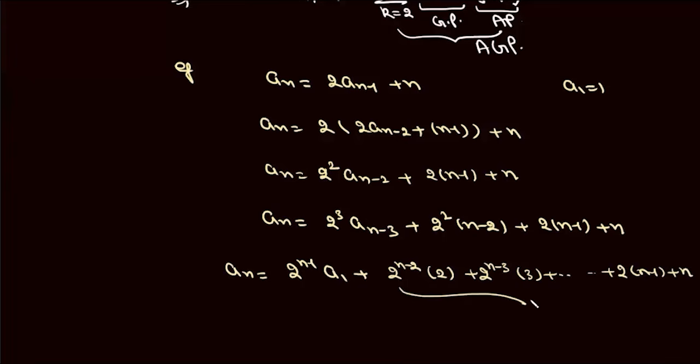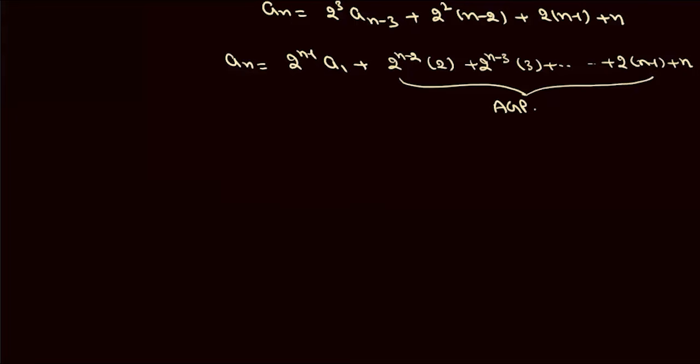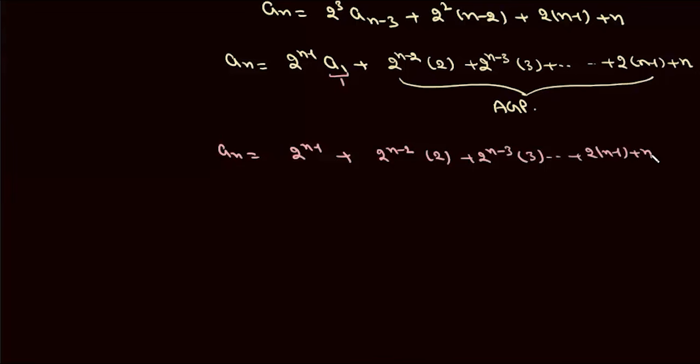Now this part is an AGP. Now to solve this question, we have to solve this AGP, and here the value of a1 is 1. So we can write this as an equals 2 to the power of n minus 1 plus 2 to the power of n minus 2 into 2 to the power of n minus 3 into 3 up to 2n minus 1 plus n.